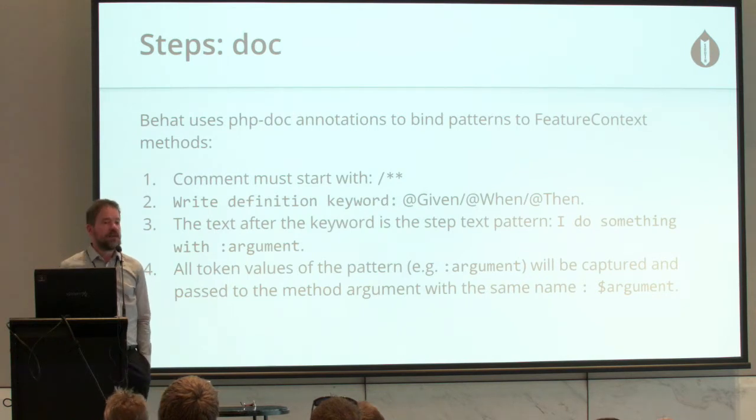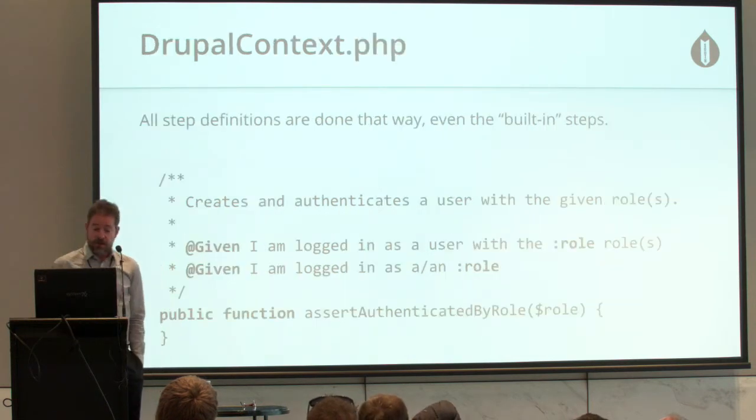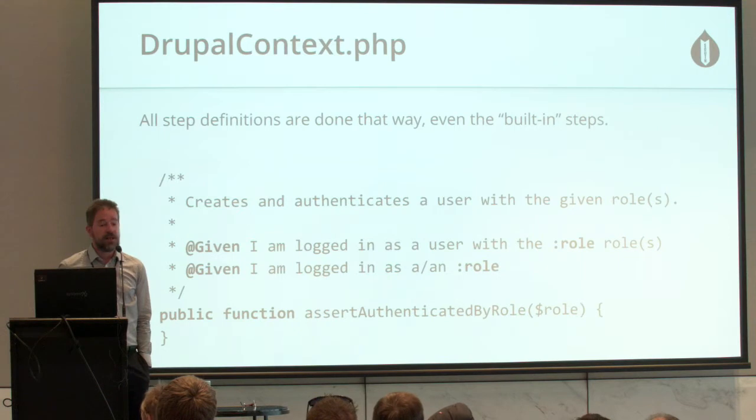You have these rules here. It needs to start as a particular comment. It needs to follow this particular pattern. And you can even put arguments in there. All step definitions are done that way, even these built-in steps, they all follow the same way. A PHP doc annotation before your public function.